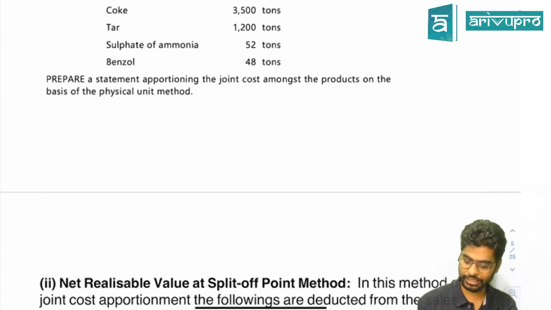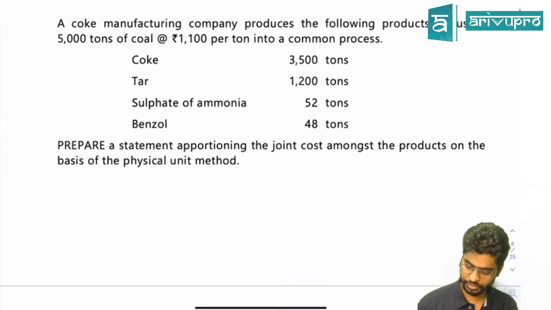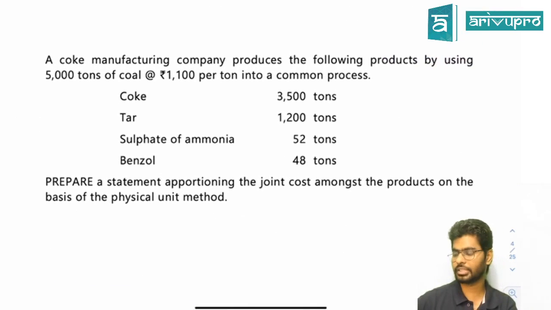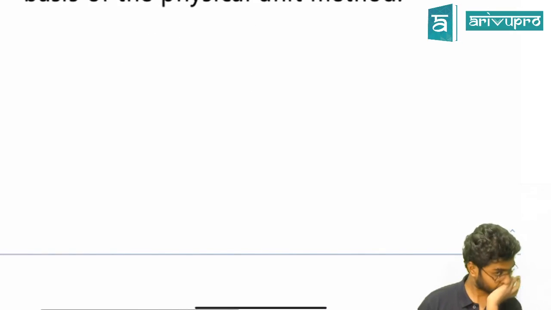So let's see this question carefully. A coke manufacturing company produces the following products by using 5,000 tons of coal at 1,000 per ton in a common process. So what is happening here?